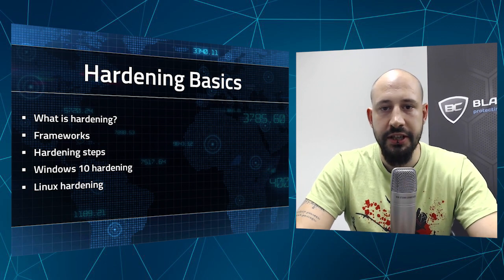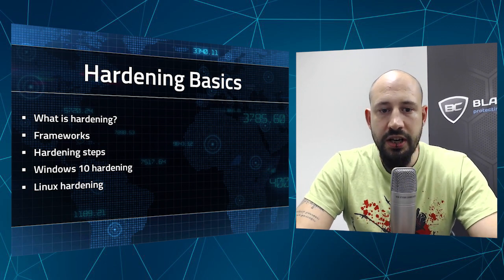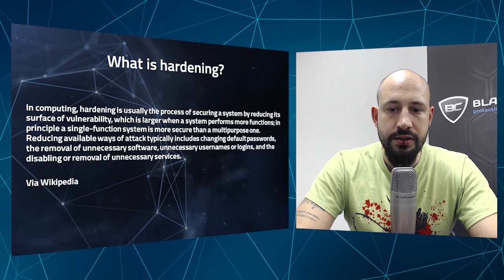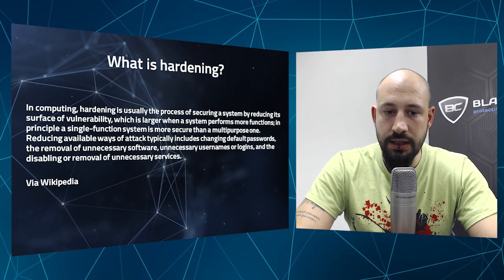But what is hardening? According to Wikipedia, in computing, hardening is usually the process of securing a system by reducing its surface of vulnerability, which is larger when a system performs more functions. In principle, a single function system is more secure than a multipurpose one.